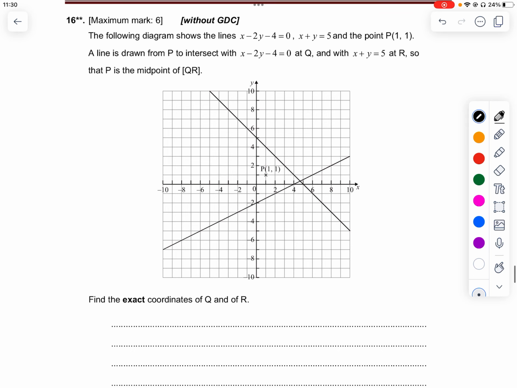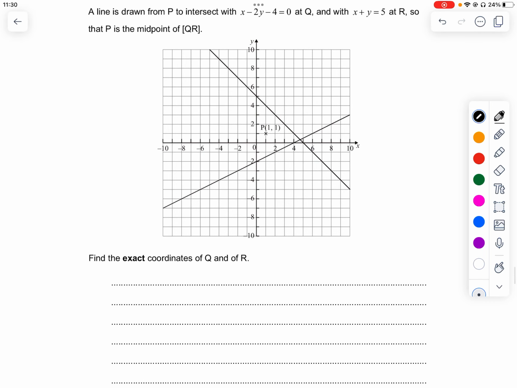Find the exact coordinates of Q and R. So where is R? R will be x1 comma 5 minus x1. And what will be Q? Q will be x2 comma 1 upon 2 x2 minus 2.